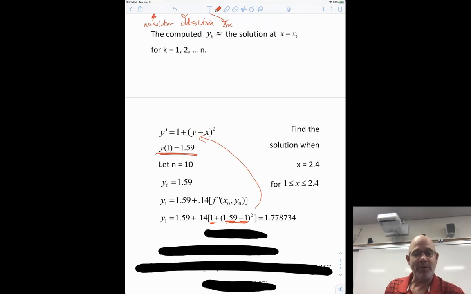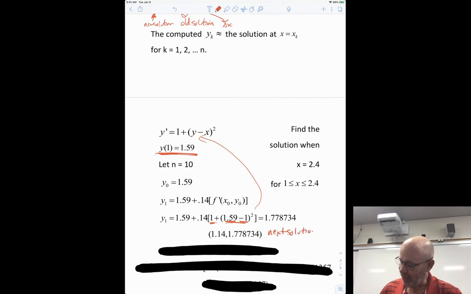Multiply that by the 0.14, add it to the original solution, and I get 1.778734, which means I now have a new solution. But where that solution is, is the important step here. And that solution is at 1.14 because I started at 1 and I went over a step size of 0.14. So this is what we would call my next solution.